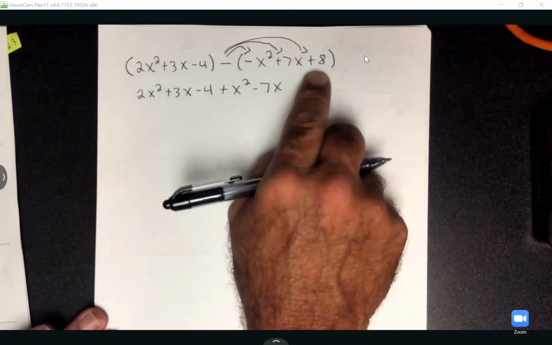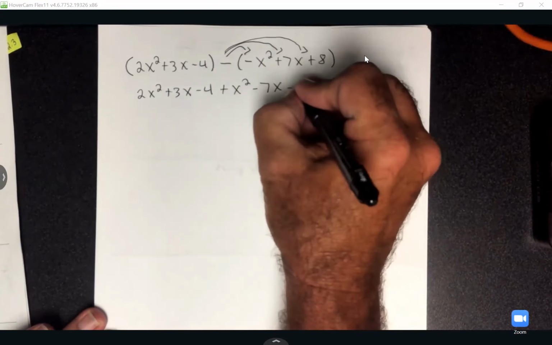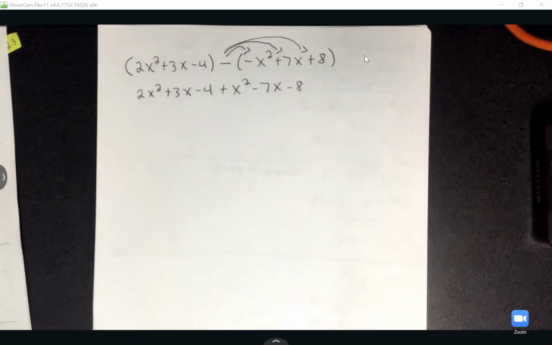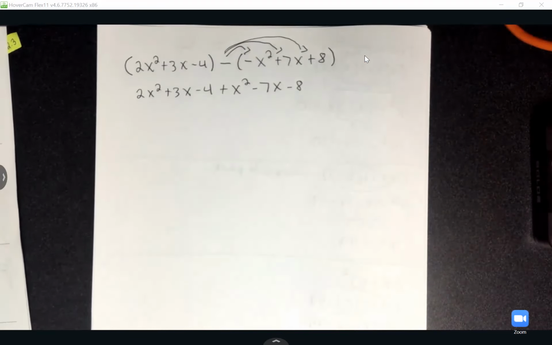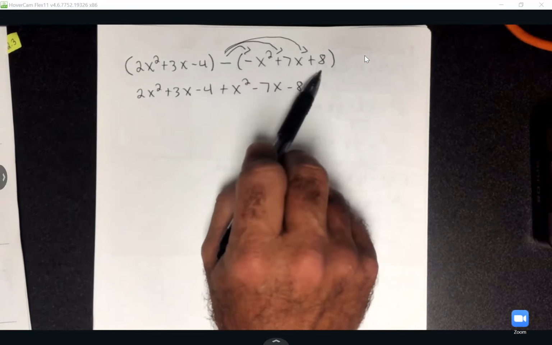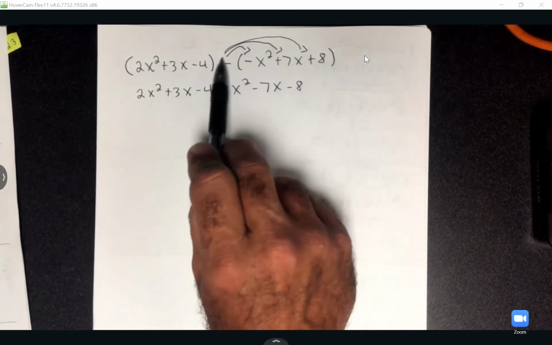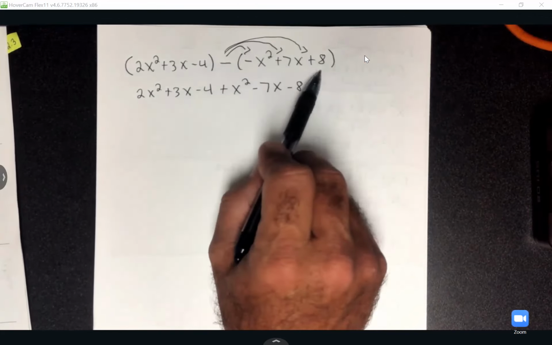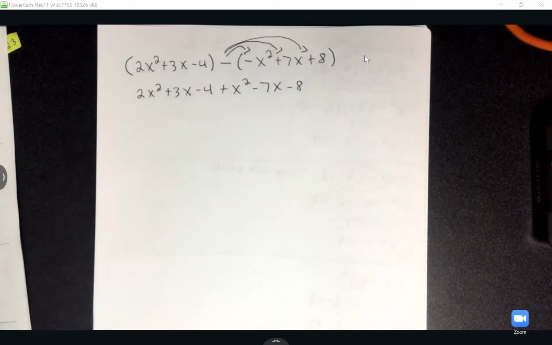Distribute the subtraction to the 8, and that'll make that a negative 8. I sort of distribute that subtraction like a negative 1, and I'm basically just multiplying everybody by negative 1, which means all that subtraction is doing is changing the signs of the things in the parentheses.